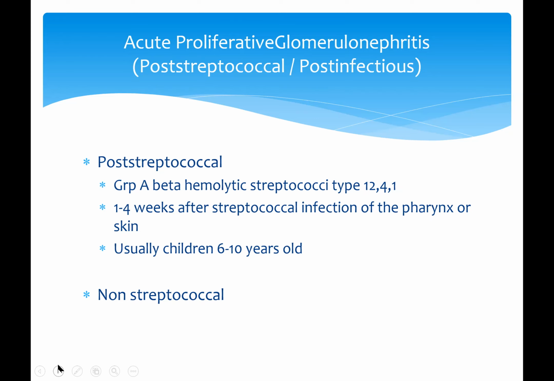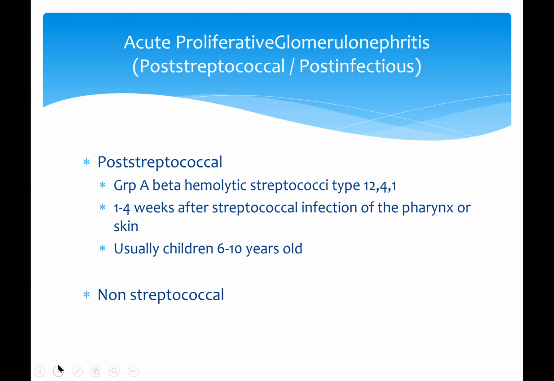When we say nephritic, we're looking for hematuria, hypertension, azotemia, and proteinuria. So do not forget hematuria, hypertension, proteinuria, azotemia. We're looking for patients that often have a history of streptococcal infection of the pharynx or the skin. So they are usually children of 6 to 10 years of age.